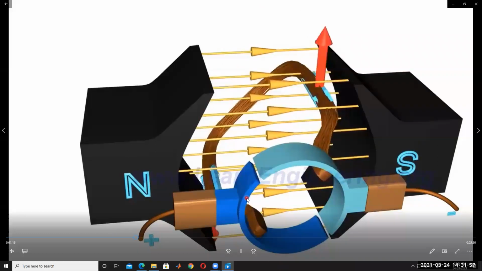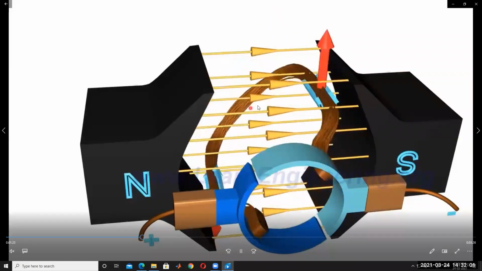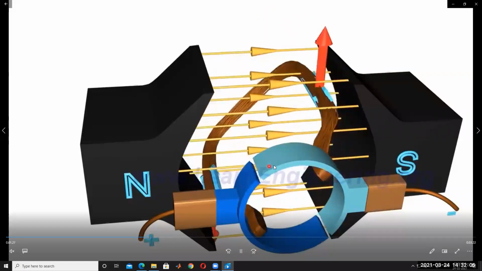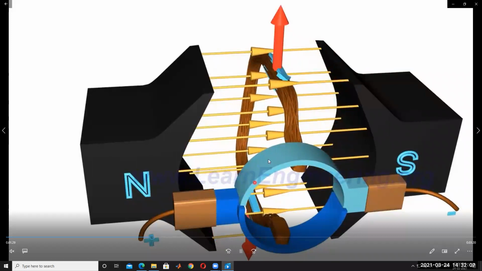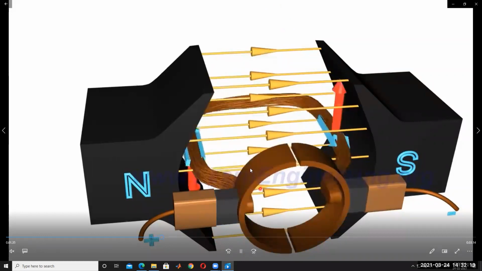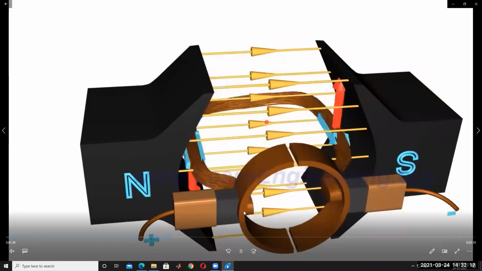Like that, AC current is flowing in this armature conductor. The current and polarity are changing accordingly. That means the commutator, with its slip rings, is converting DC to AC. A current carrying conductor placed in a stationary magnetic field experiences force.